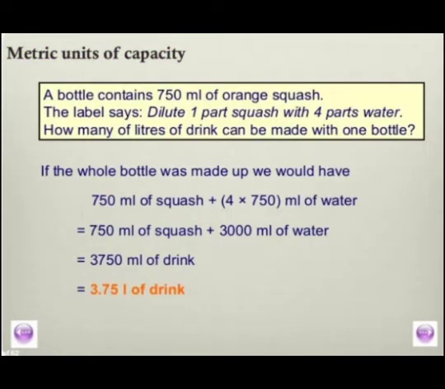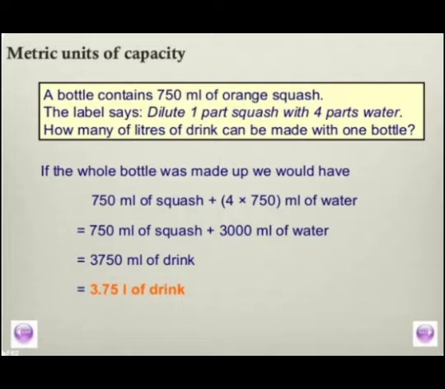So here is a sample of capacity. A bottle contains 750 ml of orange squash. The label says dilute 1 part squash with 4 parts water. How many liters of drink can be made with 1 bottle? If the whole bottle was made up, we would have 750 ml of squash plus 4 times 750 ml of water, which is 750 ml of squash plus 3,000 ml of water, equal to 3,750 ml of drink.